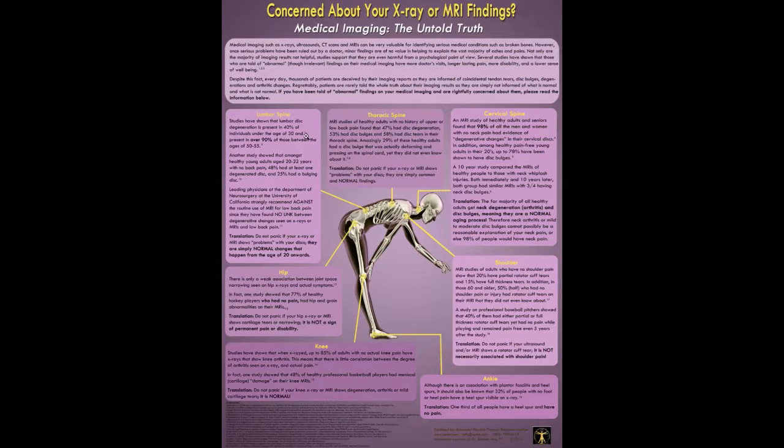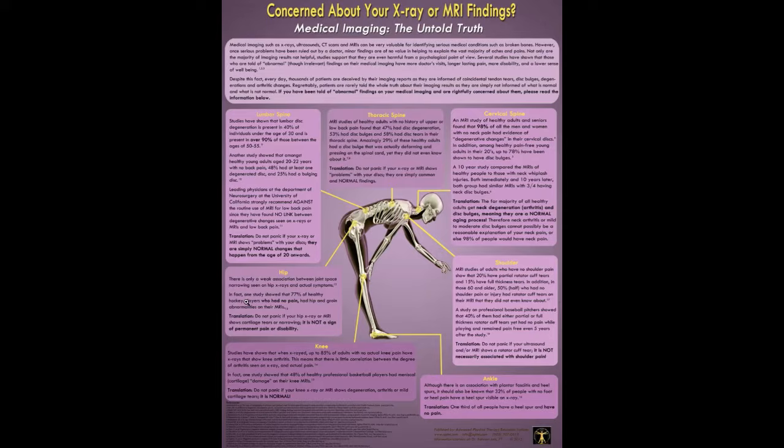It says that studies have shown that lumbar disc degeneration is present in 40% of individuals under the age of 30 and is present in over 90% of those between the ages of 50 and 55. The translation, they say: do not panic if your X-ray or MRI shows problems with your discs. They are simply normal changes that happen from the age of 20 onwards.